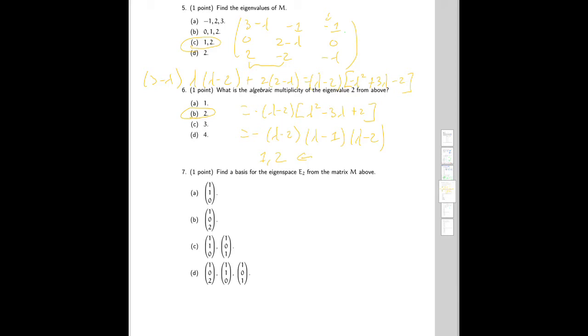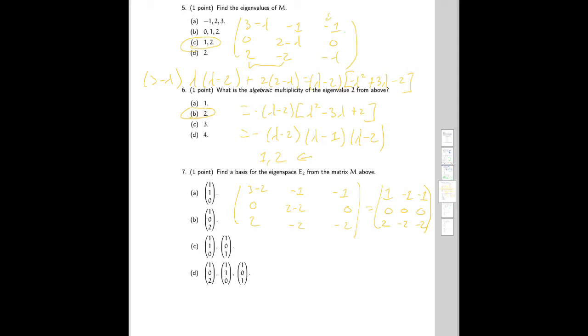So in other words, we need to set lambda equals 2 and find the null space of the matrix with rows 3 minus 2, minus 1, minus 1; 0, 2 minus 2, 0; 2, minus 2, minus 2, or this is equal to 1, minus 1, minus 1; 0, 0, 0; 2, minus 2, minus 2.